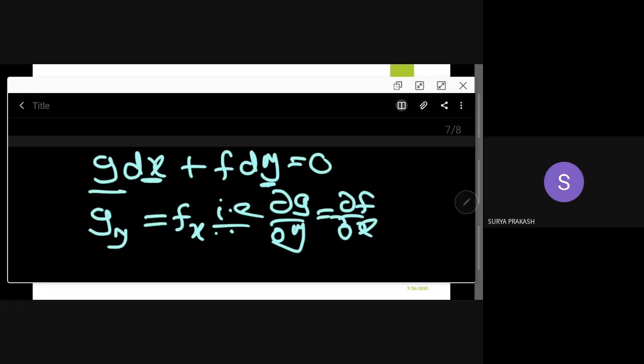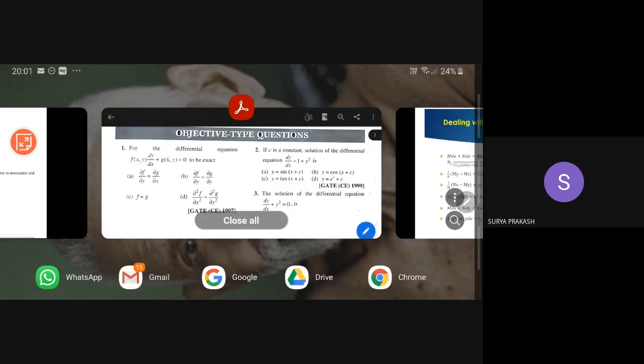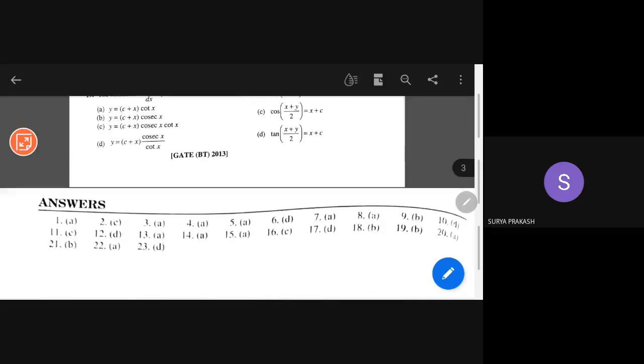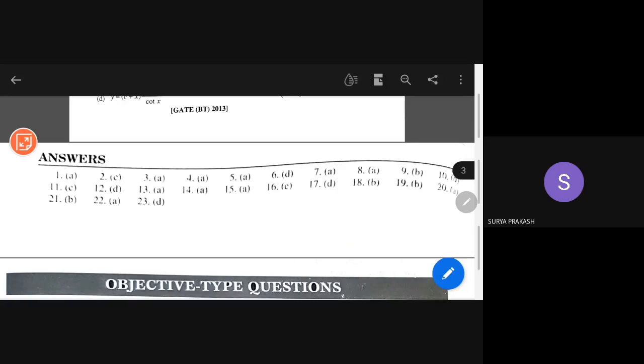There may be an error here. That option is not there. Why? I think there is an error in the second one. So dou g by dou y is equal to dou f by dou x is the correct answer. Probably he might have given B as the answer. Let me see. A he has given.